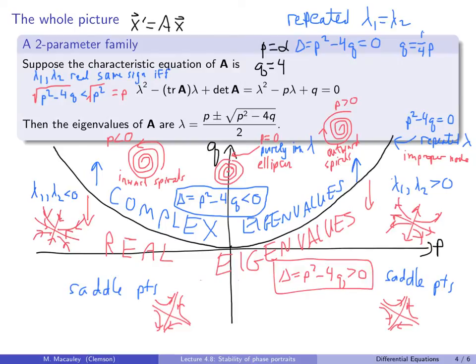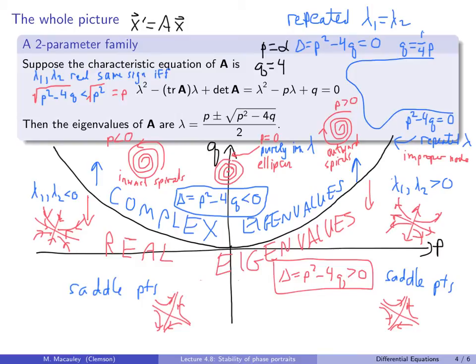Okay, so now what happens when we are on the p-axis? This happens when q equals 0. Let's take a little space up here and see what happens.